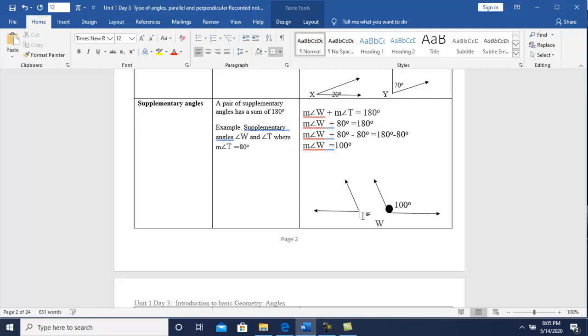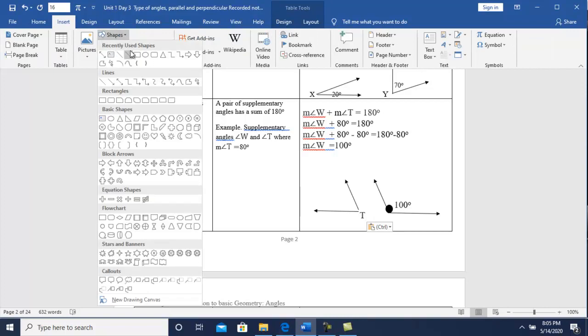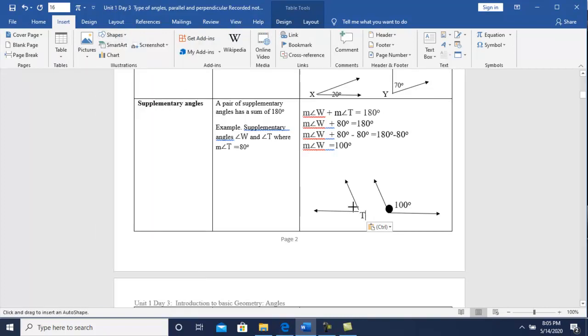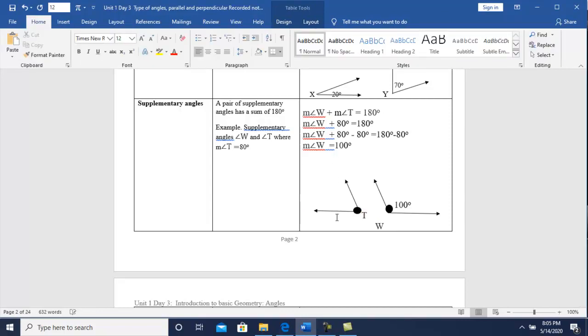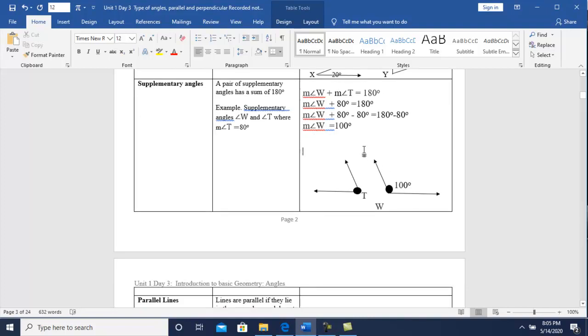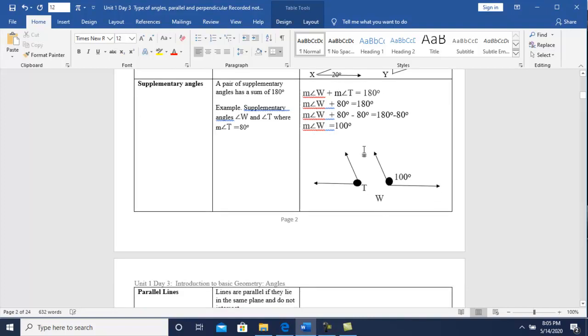So I'll put T there, and let's connect the two shapes with a point. All right, and this one is going to be 80.